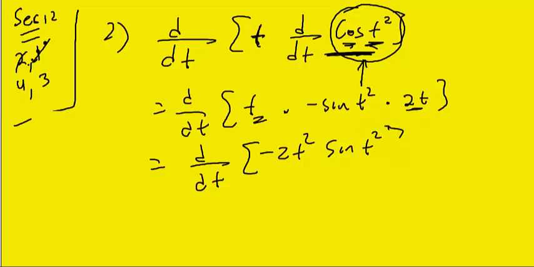Okay. What rule do you have to use now to find the derivative of this part? Okay. Negative 2 is just a coefficient, so just get that out of the way so it doesn't mess you up. So we're just going to take the derivative of that. First times derivative of the second. What's the outside function on this one right here?